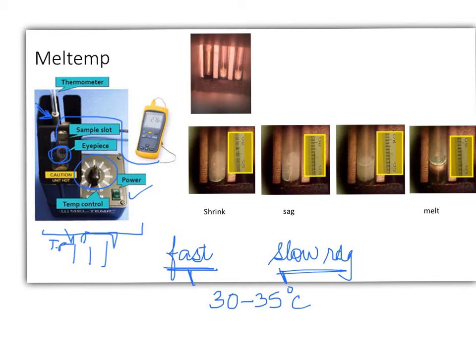Typically the higher part of the range is going to be slightly higher, because by the time you would be ready to read the dial, it would have gone up 2 or 3 readings. And so typically fast reading is not what you rely upon. In order to set the melt temp for a fast reading, you would want to use somewhere around 6, 7 or higher. That would be considered fast.